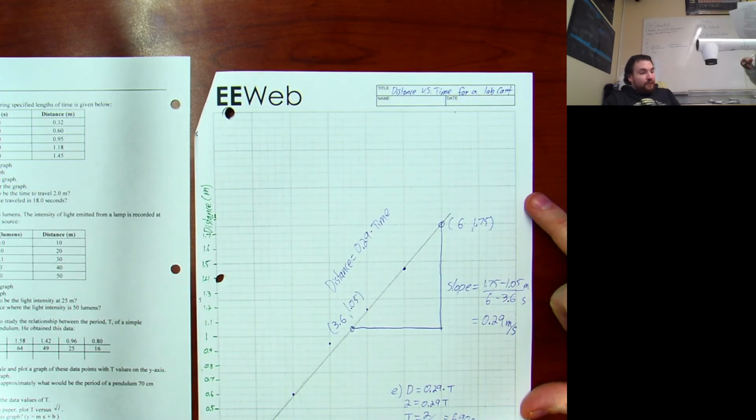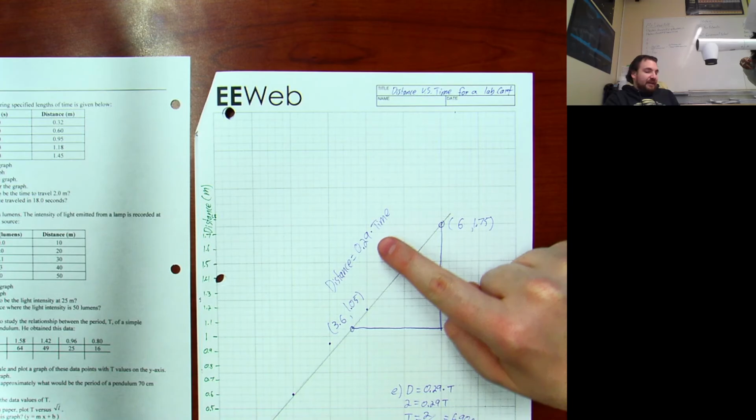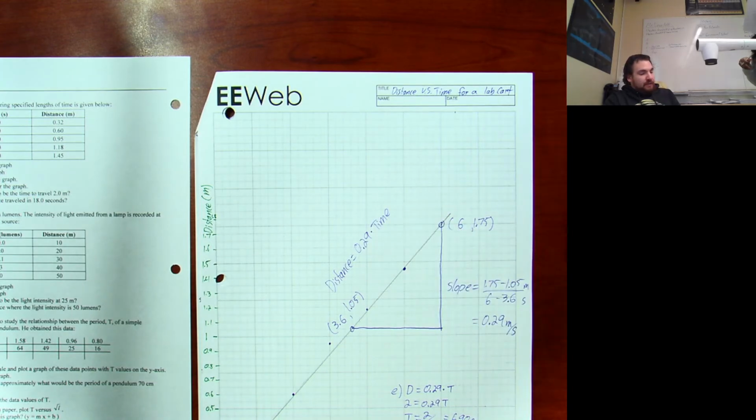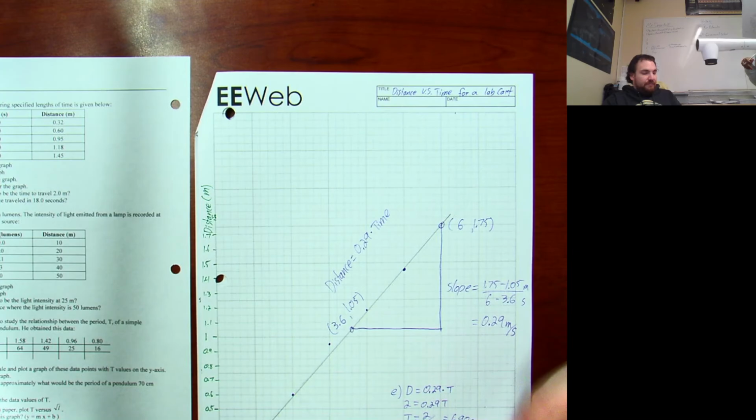Okay. So if you had distance equals whatever your slope was times time plus, I don't know, point something, then you'd have to include that in these two equations. But then I didn't get a similar answer to you. I got 5.07. What's your slope? My slope was 0.28.